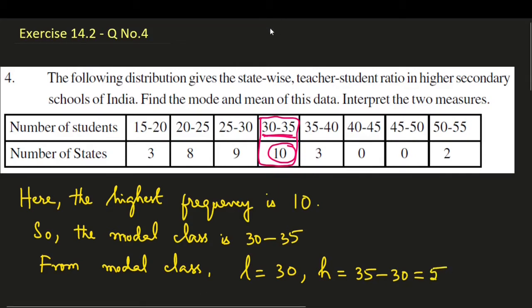Now, the frequency of modal class is denoted by F1. Here, F1 is 10 and the frequency of class interval preceding the modal class is F0. Here F0 is 9. The frequency of class interval succeeding the modal class is F2. Here F2 is 3.